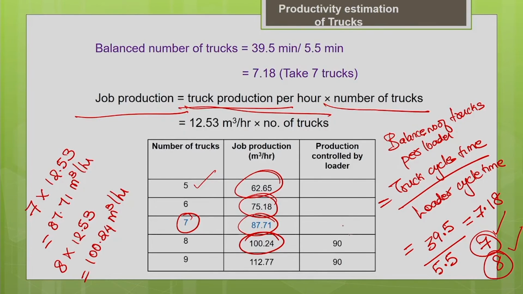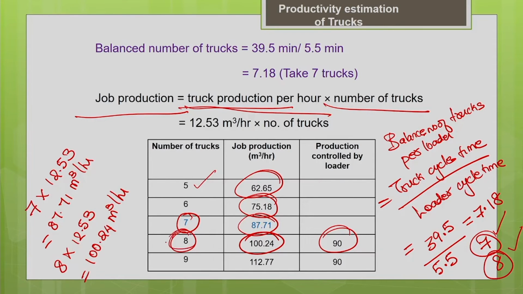Beyond the balance number, the number of trucks is more, so the truck will be waiting for the loader. Unless the loader is available, your truck cannot do the job. So the productivity here will be controlled by your loader. Beyond the balance number, you cannot go beyond the productivity of the loader, because the loader cycle time will control the productivity of the system.